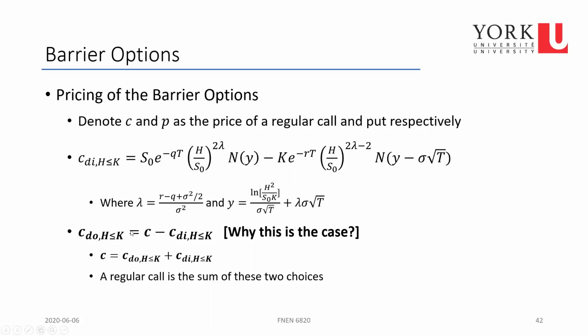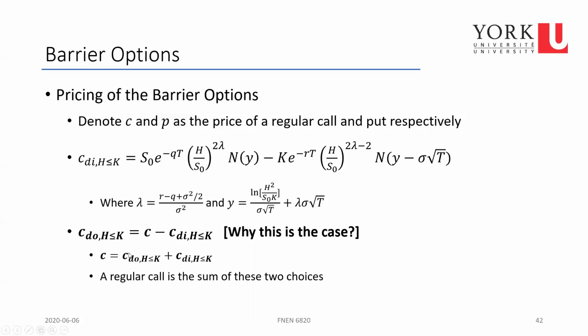Well, you will see that it's really just the price of a regular call minus the down and in barrier option. Why? Because if you have this activation condition, the call will either be a down and in or a down and out, right?